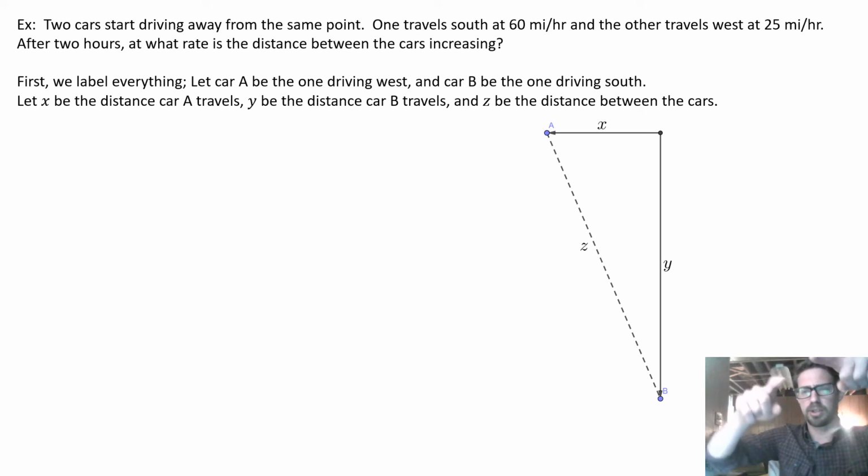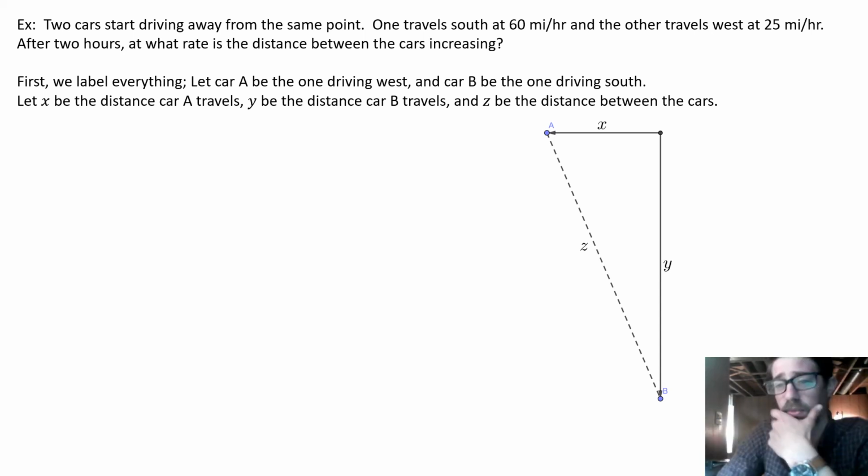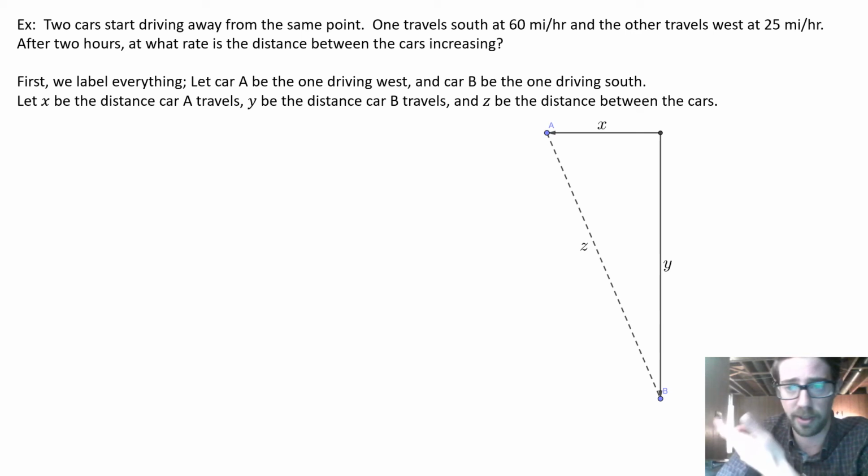So you just have to picture this right triangle with both the legs growing, right, at different rates. And essentially what we're wondering is now how fast is the hypotenuse growing? If we completely forget all about cars and stuff, this is just a triangle where the legs are both growing, and we want to know how fast the hypotenuse is growing.